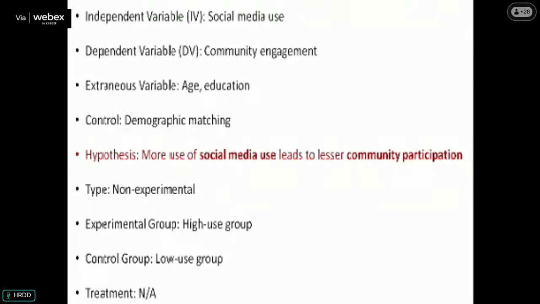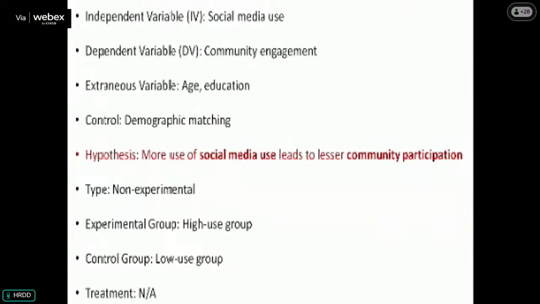And the extraneous variables are education and age, because a young person will use social media in a much faster and more efficient way. So their effect on community participation may be different from an aged person like me. If they do the same experiment on you and me, they will find different results.